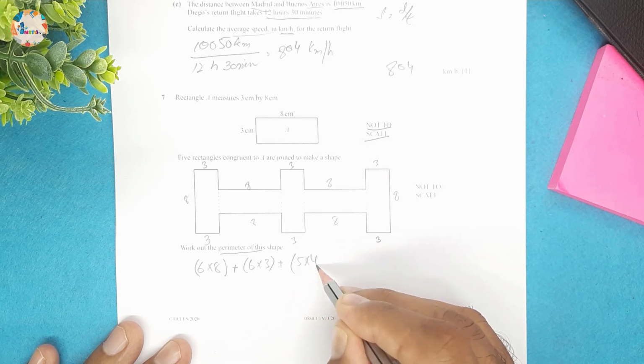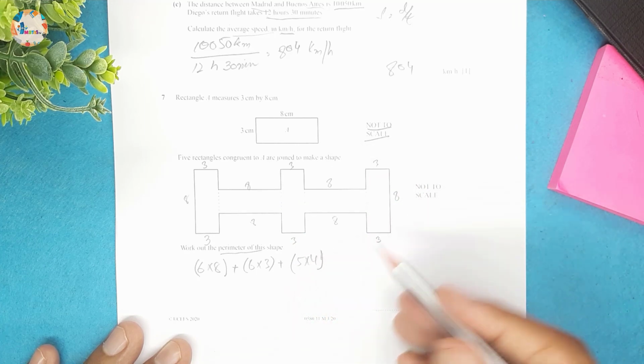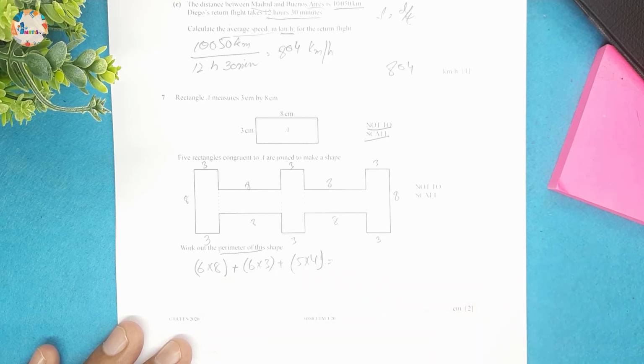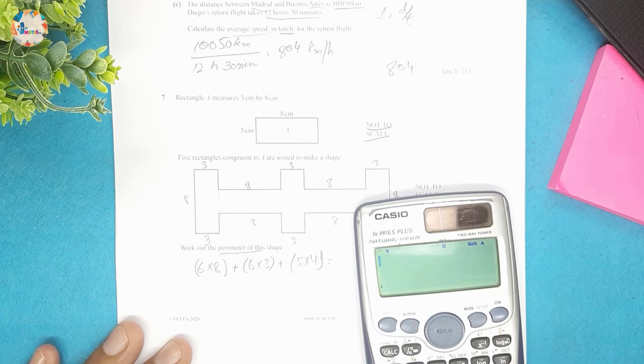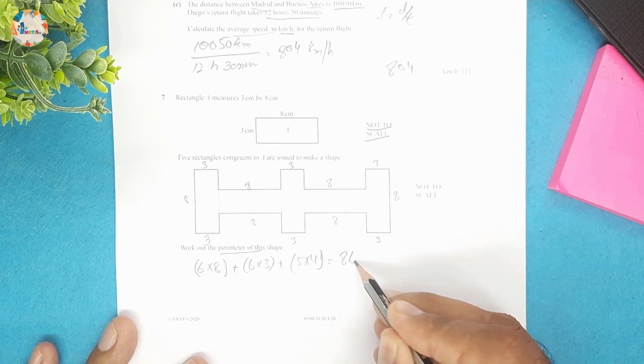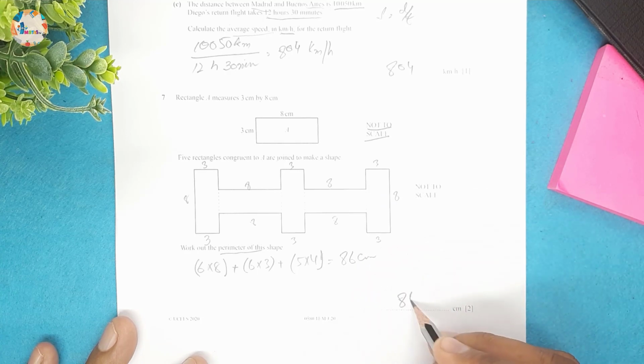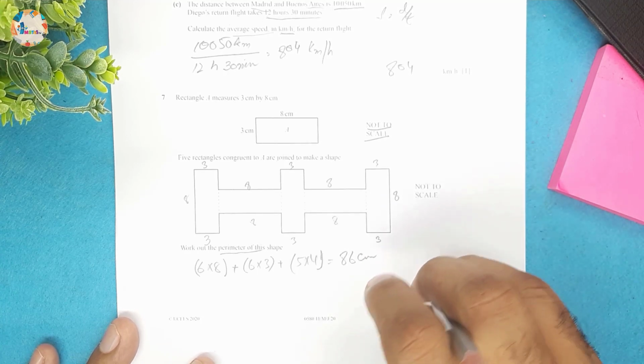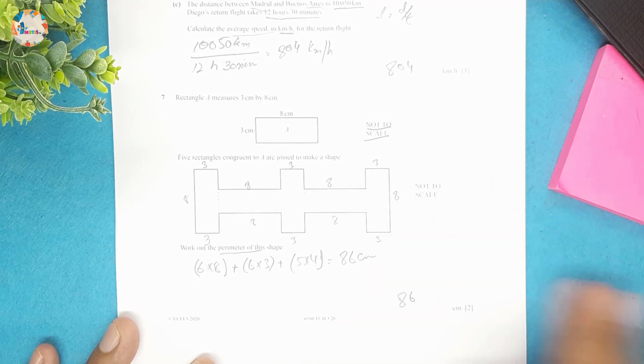So 5 into 4. So we'll add these numbers: 6 into 8 plus 6 into 3 plus 5 into 4, and this will be equal to 86. So this is 86 centimeters. Centimeter is already written, so it will be 86 as our answer.